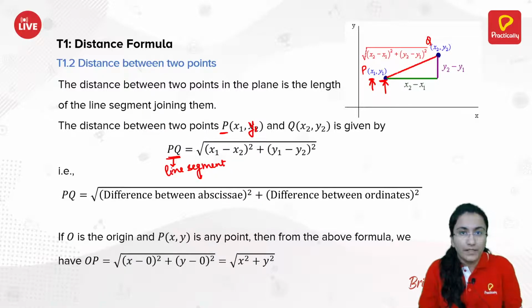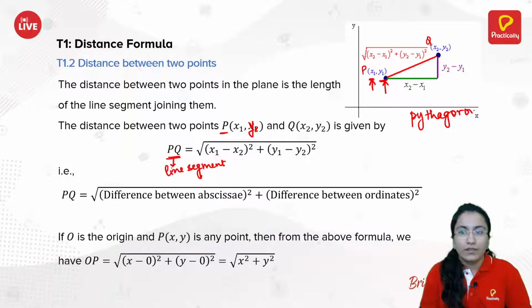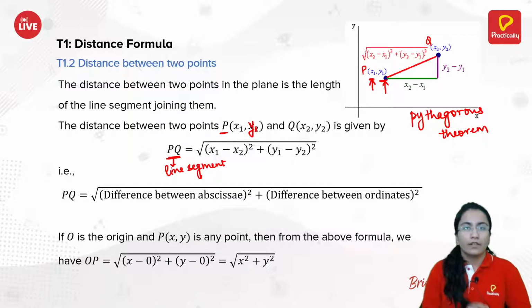Basically what you have done is you have applied the Pythagoras theorem in this particular triangle. How? Let's see. This point is x2 comma y2 and this point over here is x1 comma y1.